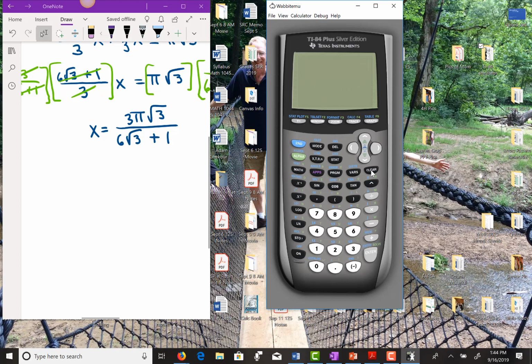When I go to enter that in, I'm going to do parentheses, 3 pi, and pi is, there it is, pi. Then I got to do the square root of 3. There's the square root. Of 3. Okay.